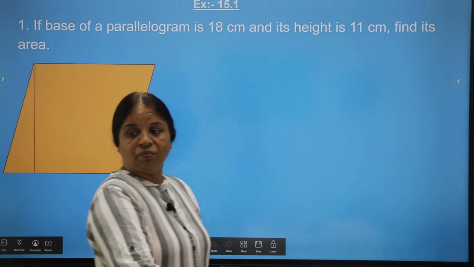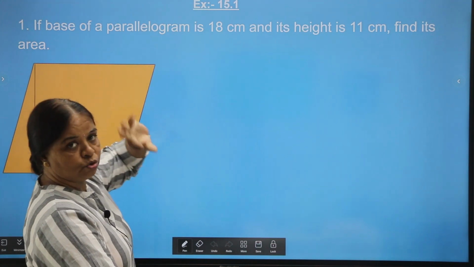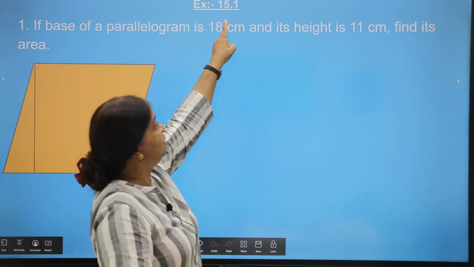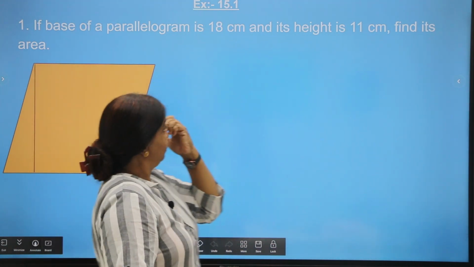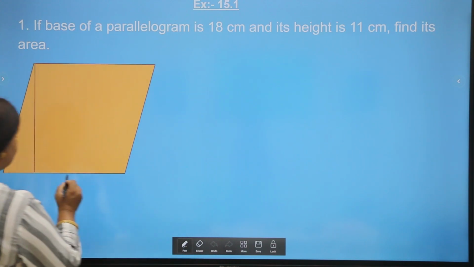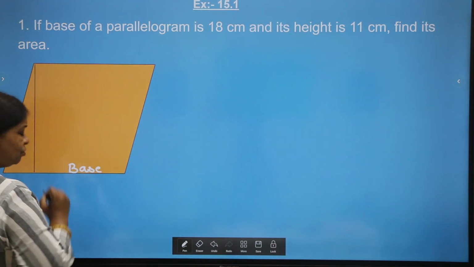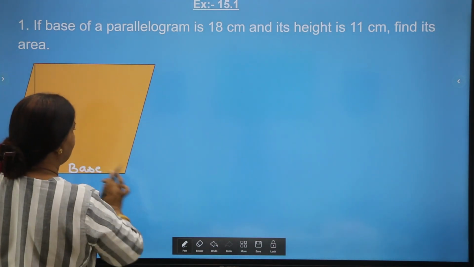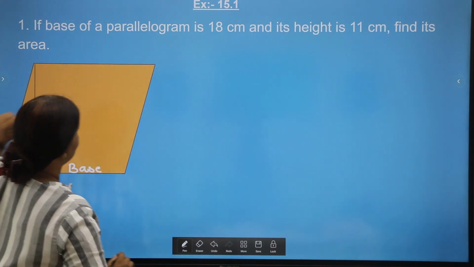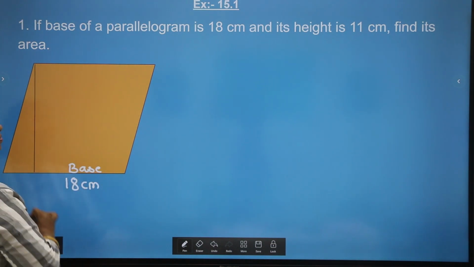Now we will be beginning with exercise 15.1. Those two were the examples, and this is the first sum of your 15.1 exercise. The sum says, if base of the parallelogram, this is our base, children. I have used the same figure so that there is no confusion for you to understand. This is the parallelogram. Here opposite sides are parallel to one another, and the base of the parallelogram is given 18 centimeter.